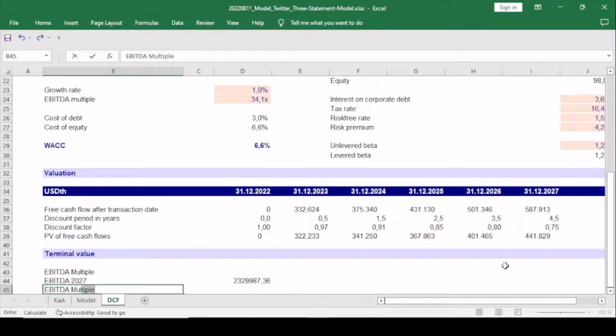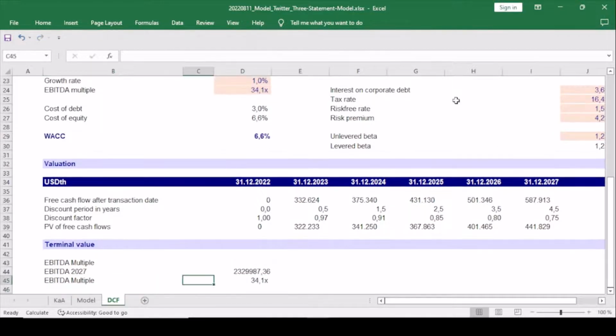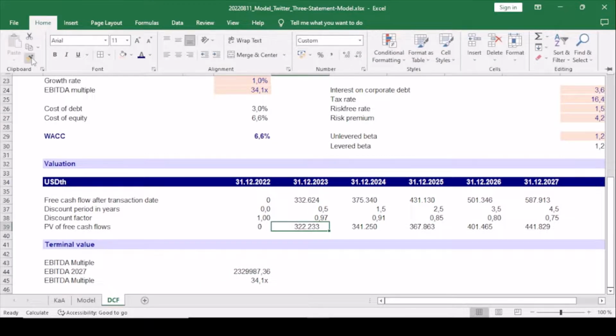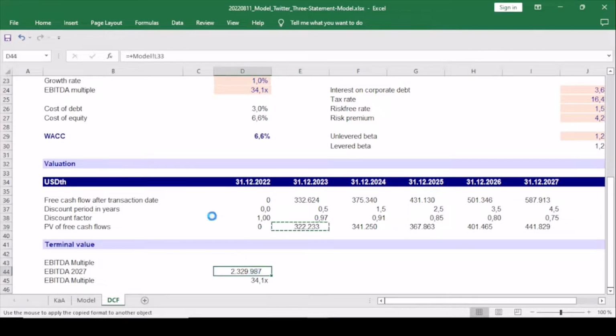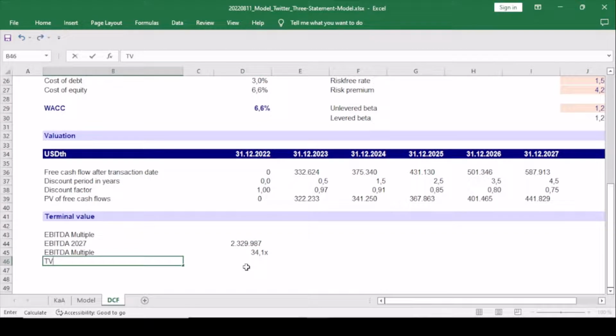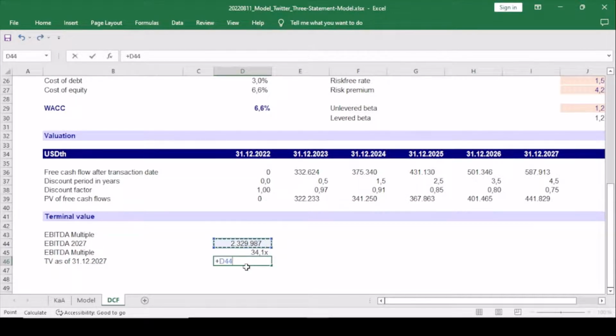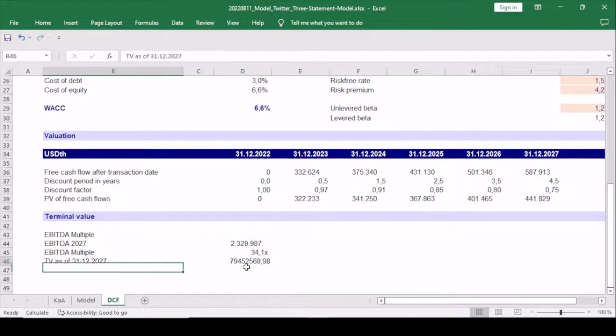And we use the multiple we defined here, to arrive at our terminal value as of 31st December 2027, which is just simply the product of these two items.